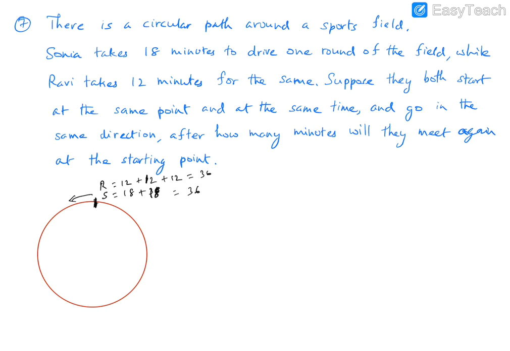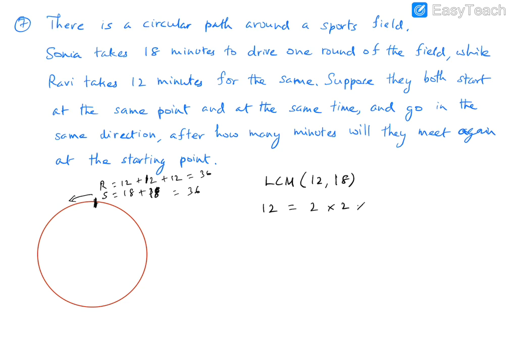Now, how to approach this problem is, basically, this question is asking us to calculate the LCM of 18 and 12. So all we have to do is compute the LCM of 12 and 18, and that is the result we are going to get, which is 36. Again, to find the LCM, we write them in terms of their prime factors.